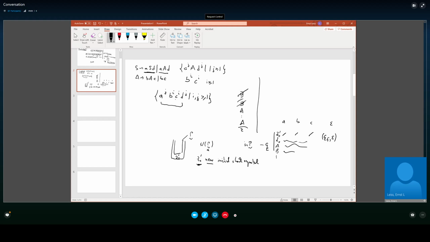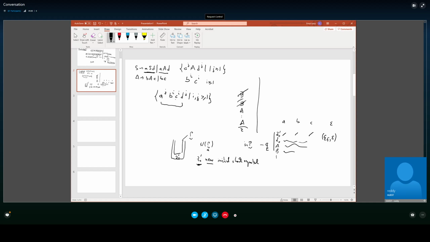At that point, we then read epsilon from the input, meaning that there's nothing to be consumed, and we then transition from whatever state we have. This is for all Q's, every single one of them in P. We transition to that final state and we stop then. Is that clarified?